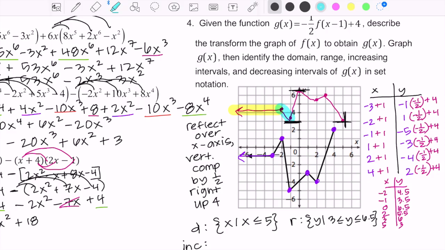So what's the interval right there that it's going down? So I'm going to put decreasing on here. X such that, and that is from -2 to -1. Okay, and it's X. It's always how long is it decreasing for?